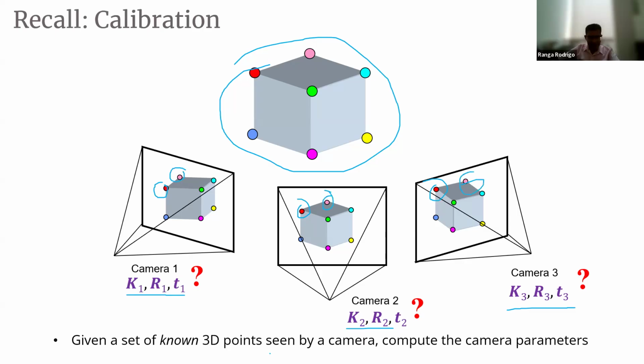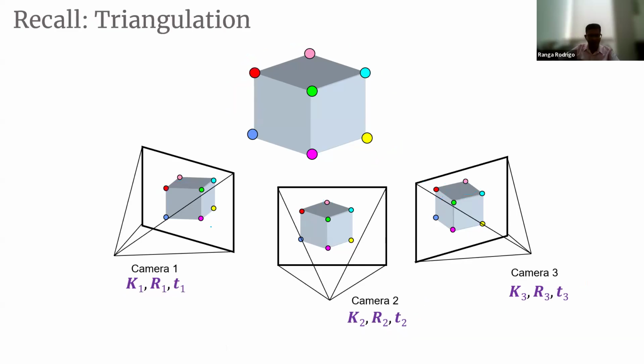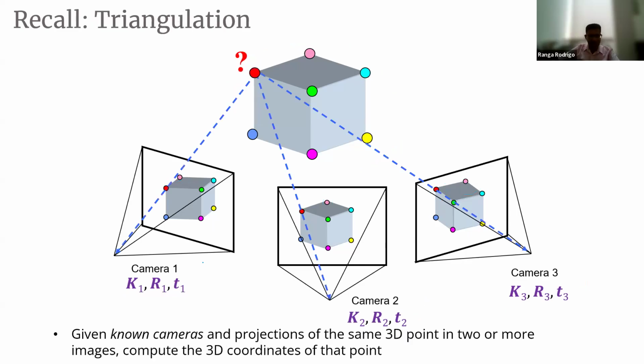Given a set of known 3D points seen by the camera, compute the camera parameters. These 3D points are known, and the corresponding ones in the image are known. Computing K1, R1, T1, K2, R2, T2, and so on is called calibration.